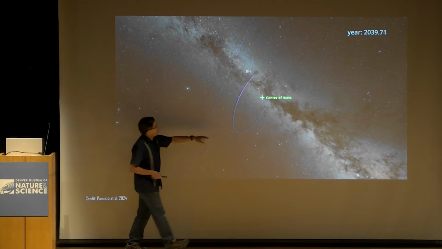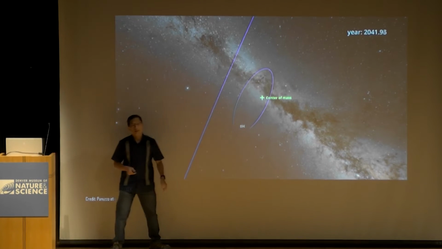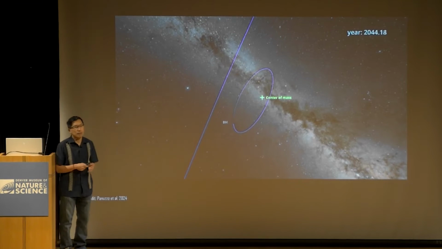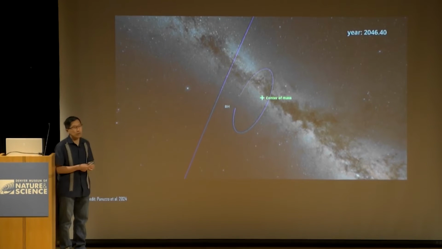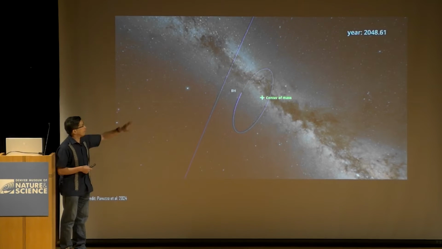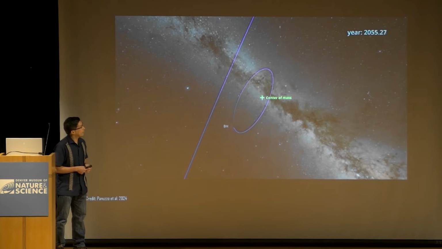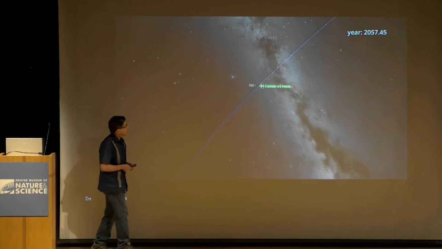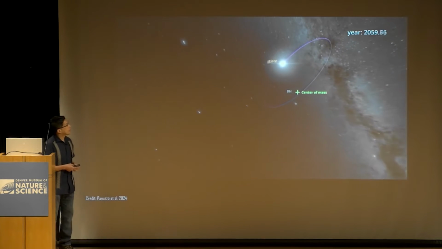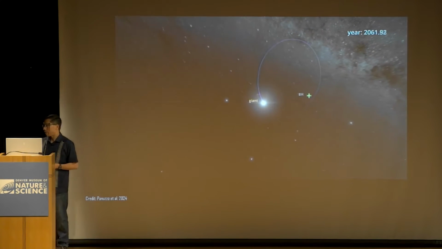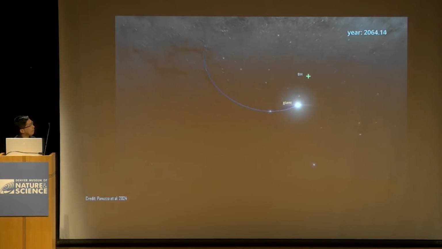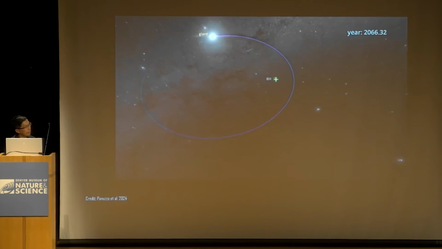This smaller orbit is about the size of, or maybe slightly smaller than, Mercury's orbit around the sun. So this is a pretty small orbit. We're going to keep moving around. It orbits about once every 11.5 years.